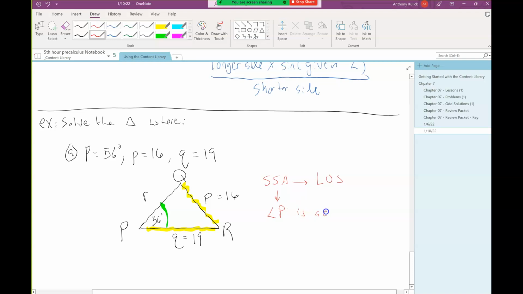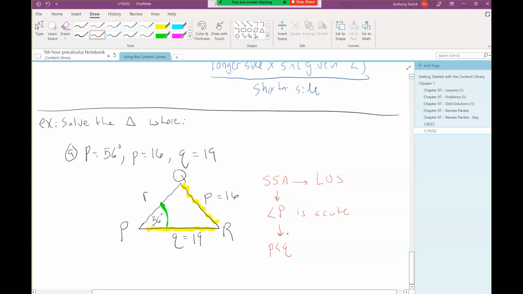Okay. That's acute. So now I need to compare my sides P and Q. So what's the relationship between P and Q? Well, P is smaller than Q, right? Everybody agree with that?